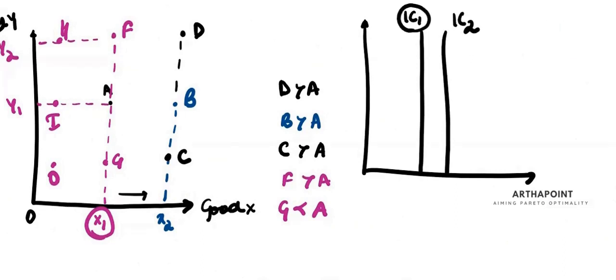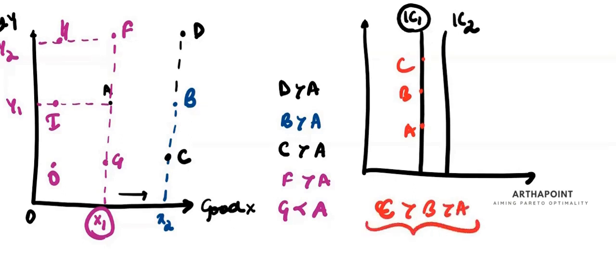Suppose I take different points on IC1, a point A, point B, point C. Clearly, all of them have the same amount of good X, but C has more of good Y than B, and B has more of good Y than A. So they should not be lying on the same indifference curve.